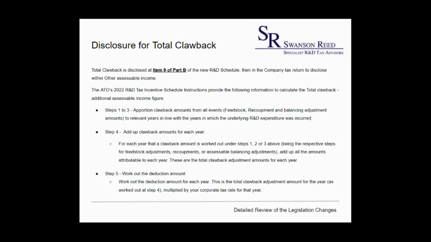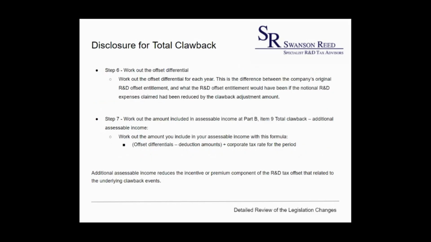Step 5, work out the deduction amount. Work out the deduction amount for each year. This is the total clawback adjustment for the year as worked out at step 4 multiplied by the company's corporate tax rate for that year. Step 6, work out the offset differential.